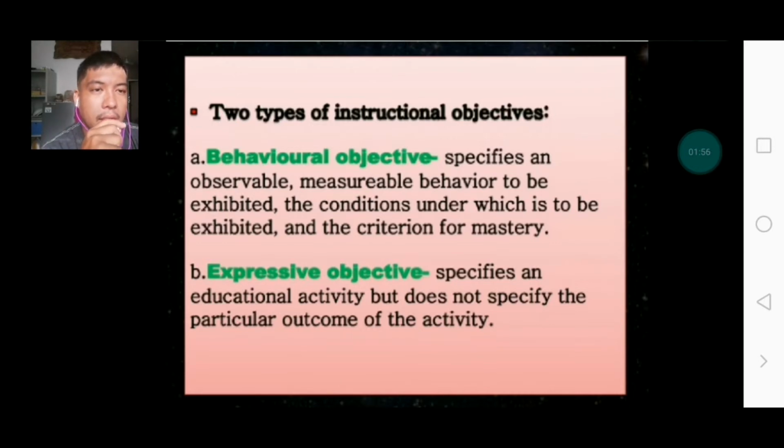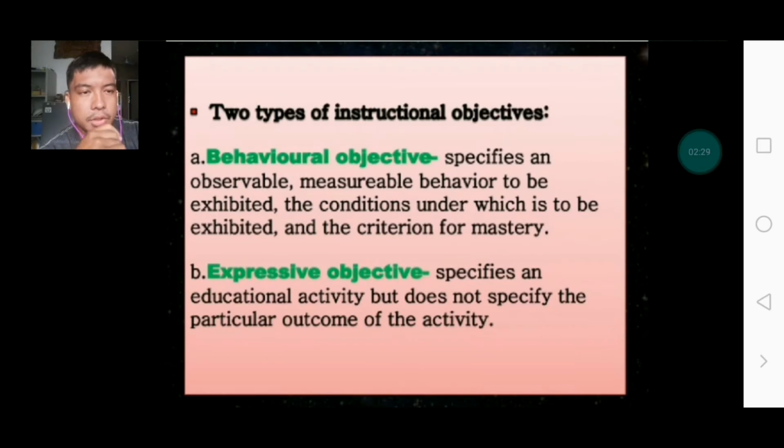In that case, you are adjusting to the learner's behavior. You will make an objective that is compatible, or what I mean is that your objective meets the needs of the learners. Next is the expressive objectives.